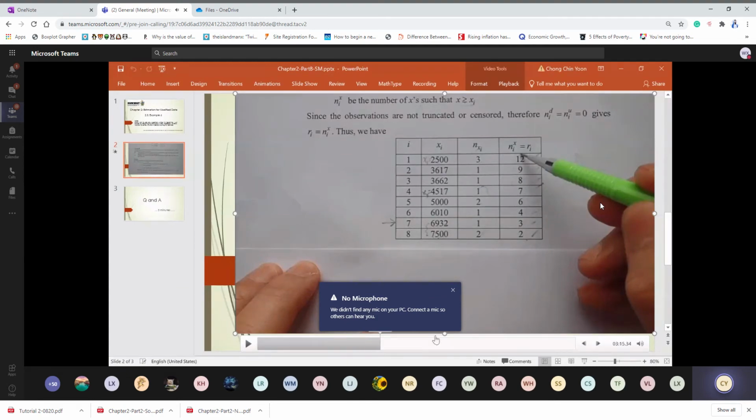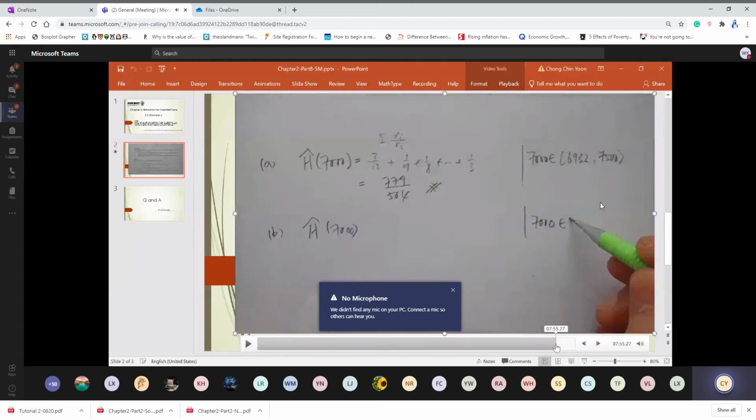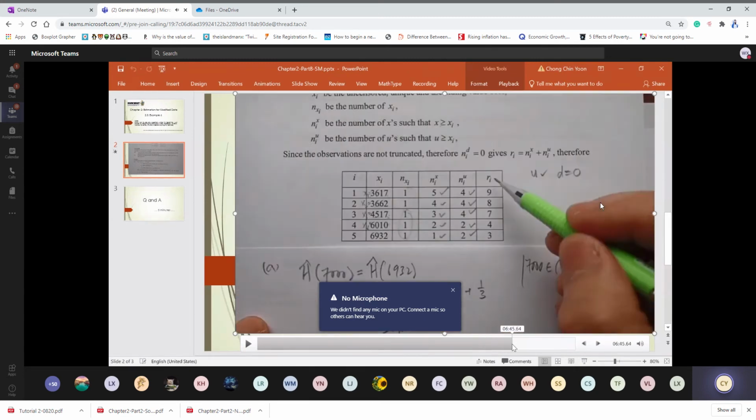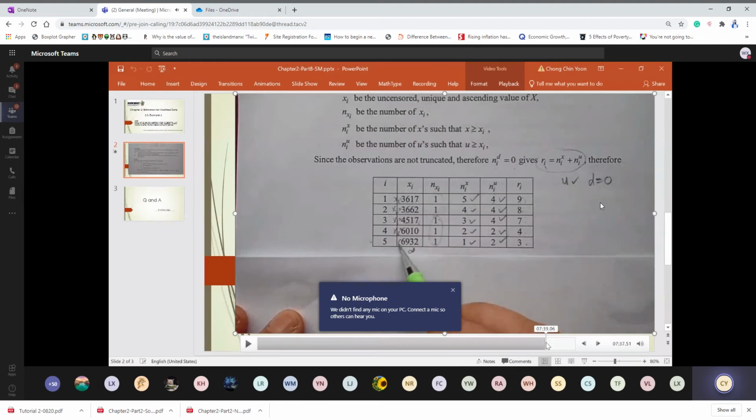And then for part B, you can see this 7,000 falls on this group, 6932 to infinity. Can you see? So 7,000 falls on this last group, then you have to consider the lower bound of this.